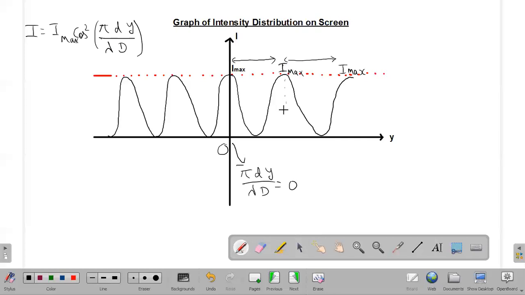Now the second maximum appears when you take pi dy over lambda D equal to pi, because in that case we know that cos of pi is -1 and squaring of -1 will become +1. So you will get intensity as the maximum intensity. Further, you can say that the second maximum will be obtained and so on. The separation between the two successive maxima is a distance which is written by capital D lambda over small d. And sometimes we call it fringe width.